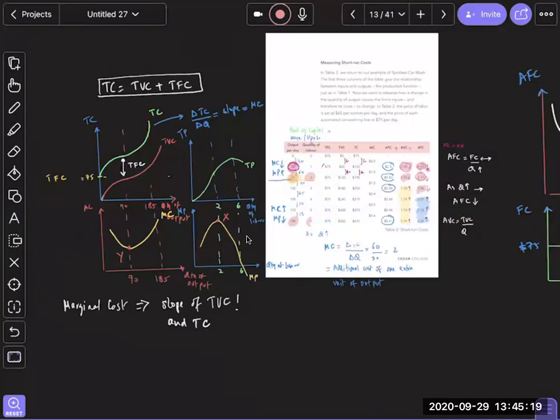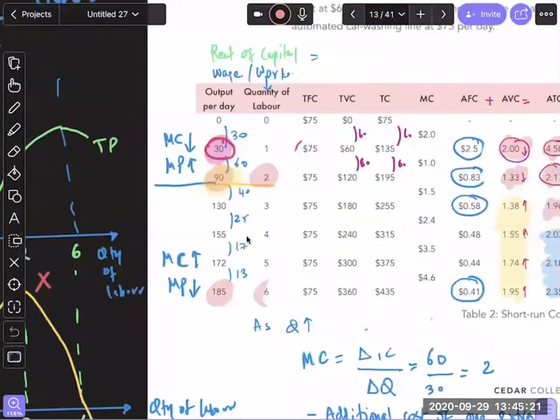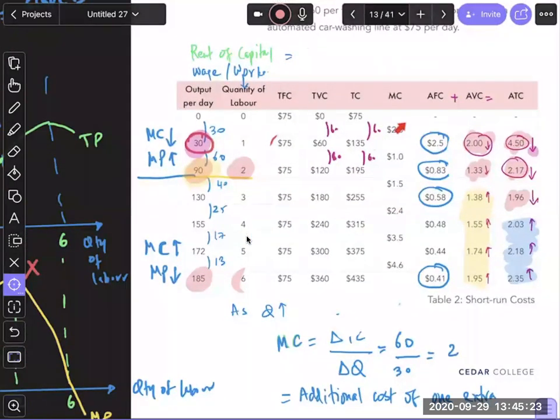The marginal cost is 2 for the first one. Yes. Change in total cost is 60 over change in output is 30. Change in total cost is always 60. Change in variable cost is always 60. These are just the same except for the fact that total cost is $75 more.